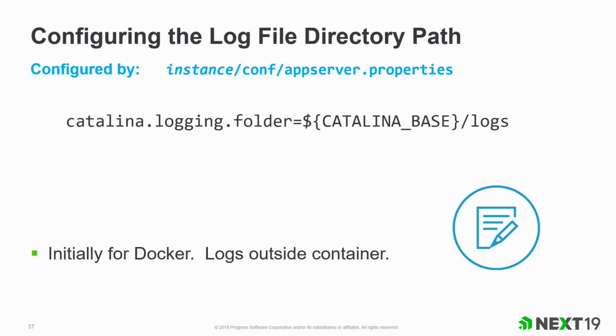Okay? We initially did this for Docker, because when you've got a Docker instance, you want to have the log files outside of the container so that you can keep those, and then if it goes away, you've got the log files.